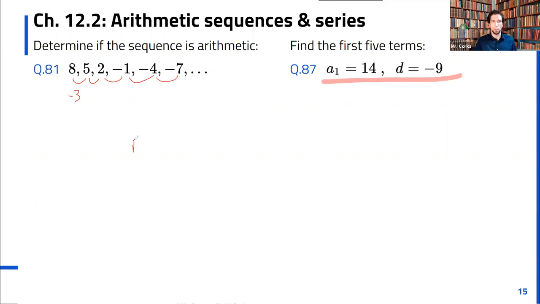It's always the second term minus the first term. So if we do it in that order, we do get -3. 5 to 2, that's -3 again, and 2 to -1, -3. So it's a common difference, the same number each time. Therefore, it is an arithmetic sequence. That is the definition: it must have the same difference between each of the terms. So yes, arithmetic.